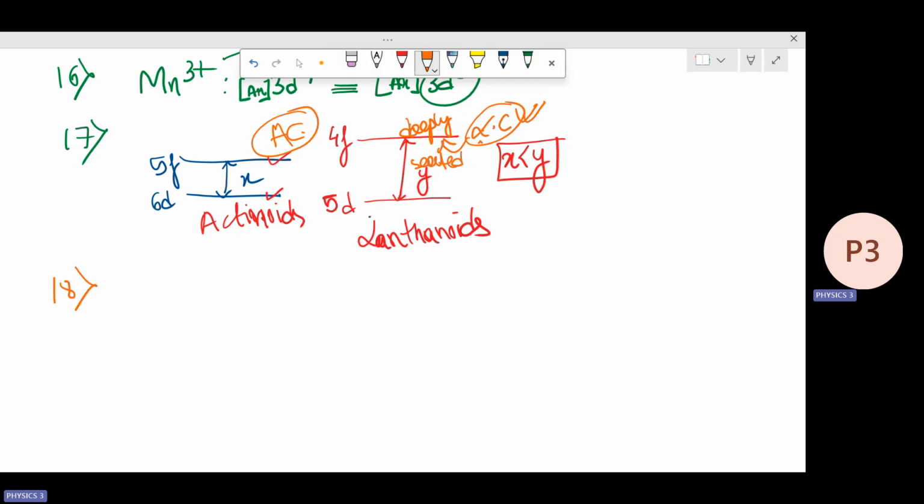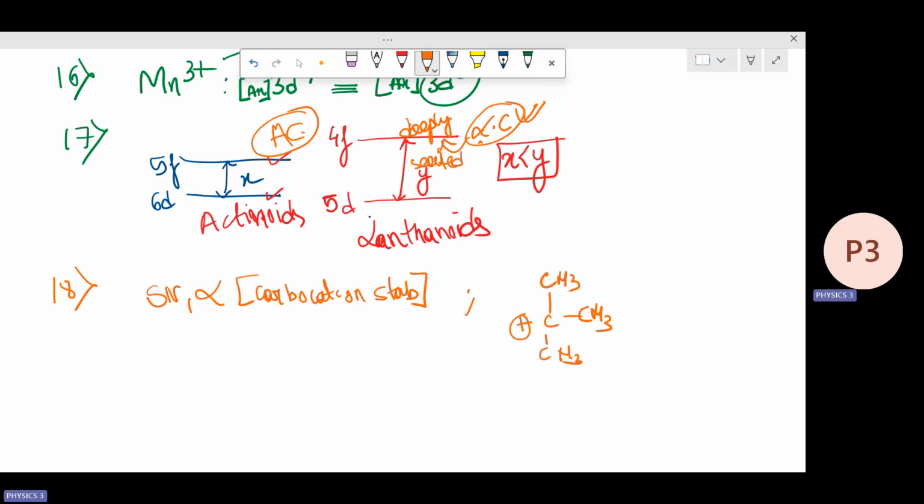Question number 18 asks which is the best halide for reactivity towards an SN1 reaction. I hope everyone remembers that SN1 reactivity is directly proportional to the stability of the carbocation. So we need a very stable carbocation, and hence CH3CCH3CH3+ is a very stable carbocation.